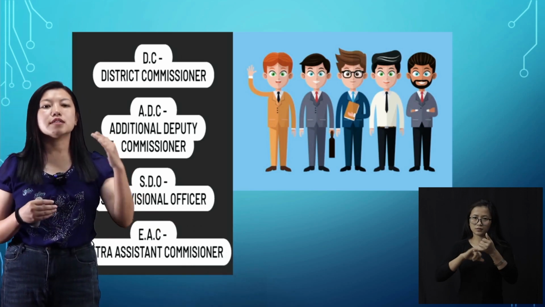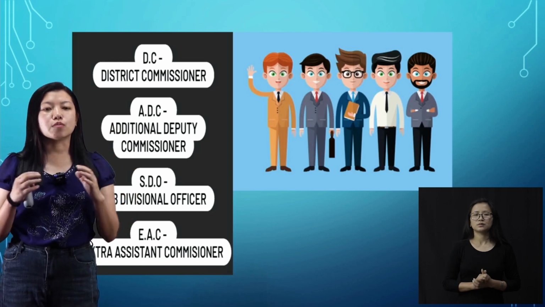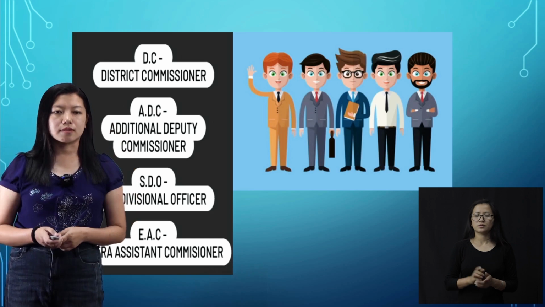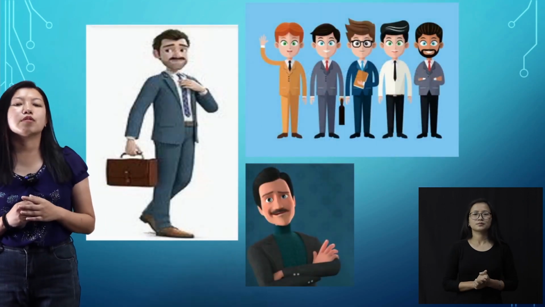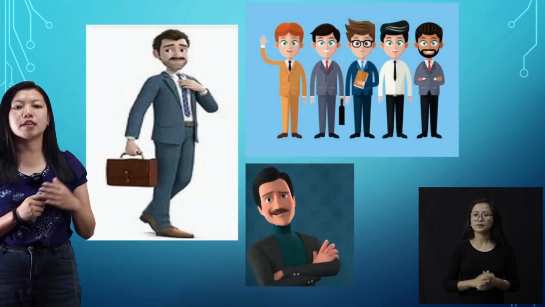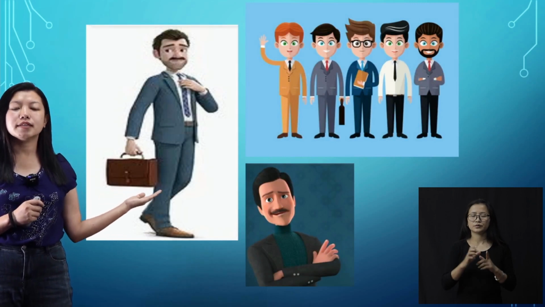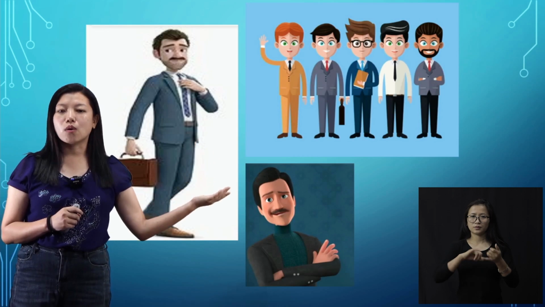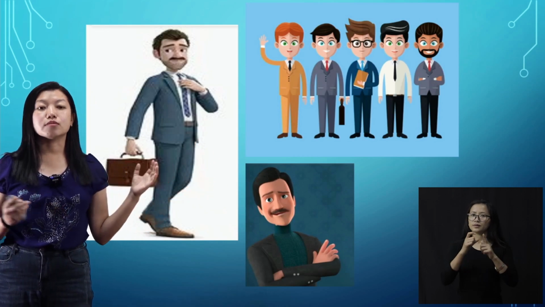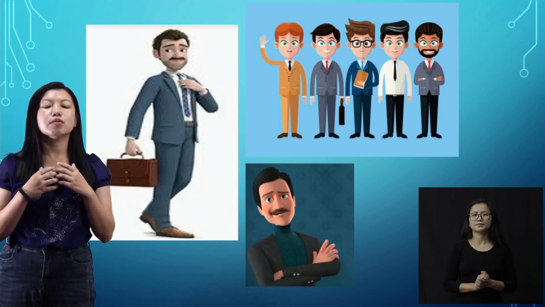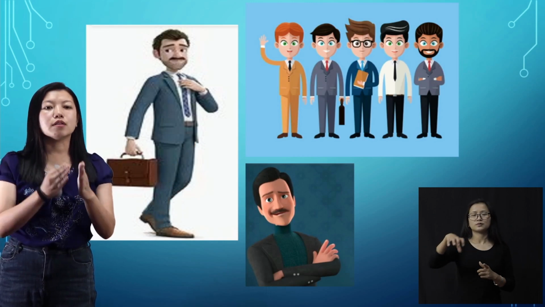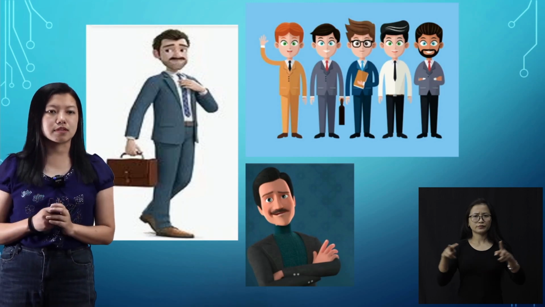So these four people work together, and they also look after different areas. So we have the DC, then we have the EAC, the SDO, and the ADC. Together, they work for one district. However, they look after different areas.